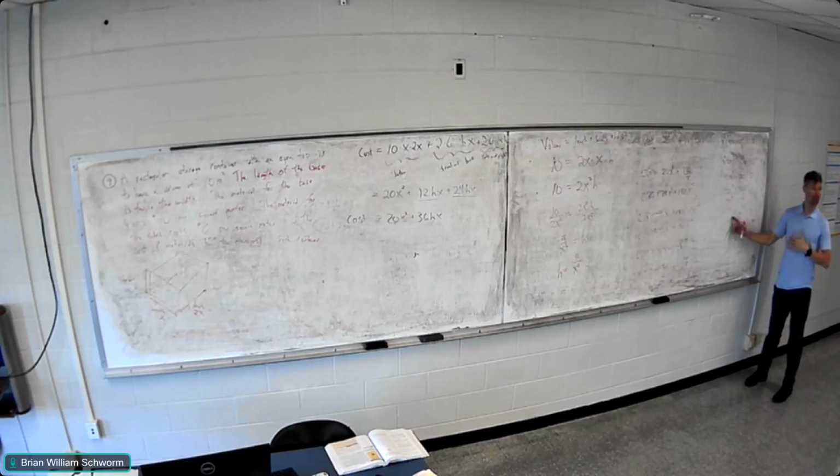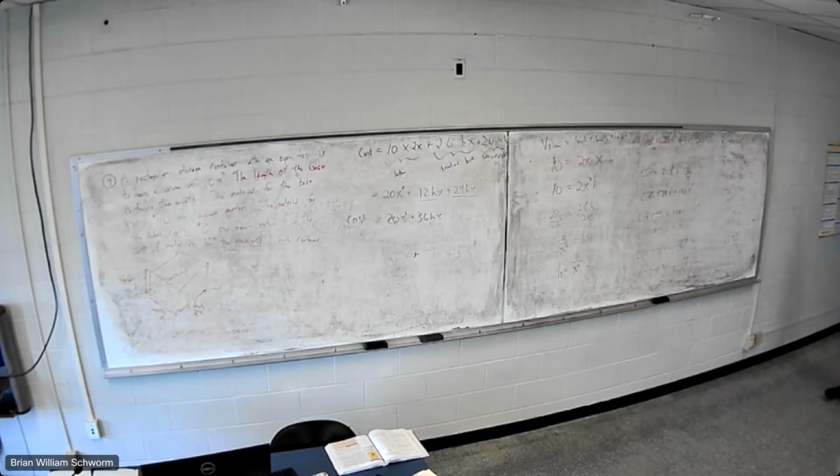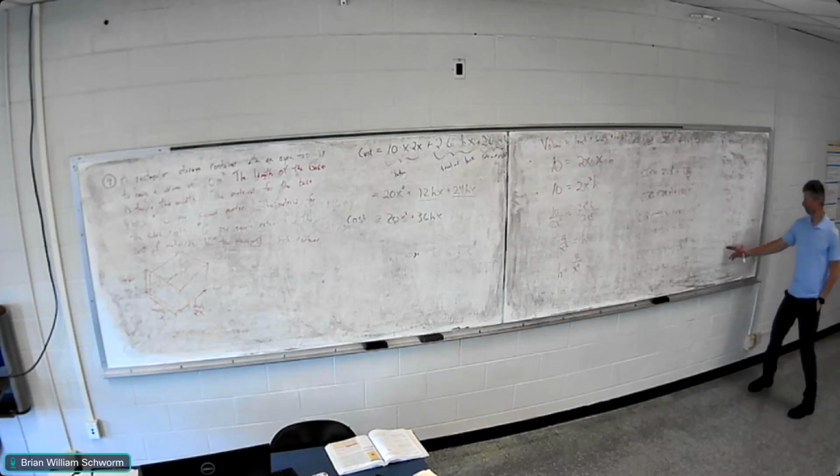I don't get a plus or minus because that's odd. If it were even, like I had to do the square root or fourth root or sixth root, I'd have a plus or minus, but not for an odd root. I just get the cube root of 9 over 2. So that's the only critical number.